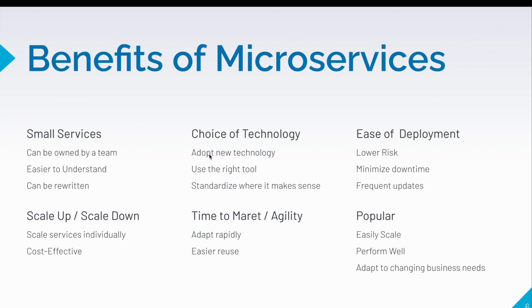So the next benefit of microservices is choice of technology. Either you can continue to use existing technology or you can easily adapt to a new technology if that is what the requirement demands. You can also use the right tool, meaning that, for example, let's say one of your microservices is making use of a relational database, and another might want to use a NoSQL database.